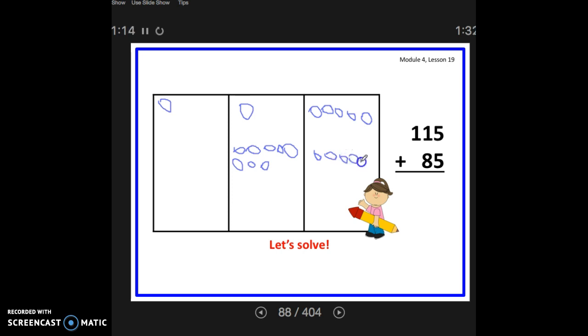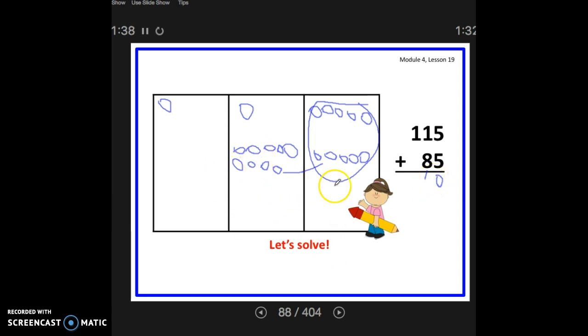Okay, so do I have enough ones to make a 10? 5 and 5, yeah, I do. So I'm going to circle them, and I'm going to show you that I'm bundling. Okay, so how many 10s do I have here? 1 10. So I'm going to write 1 on the line and 0 here because I have 10.